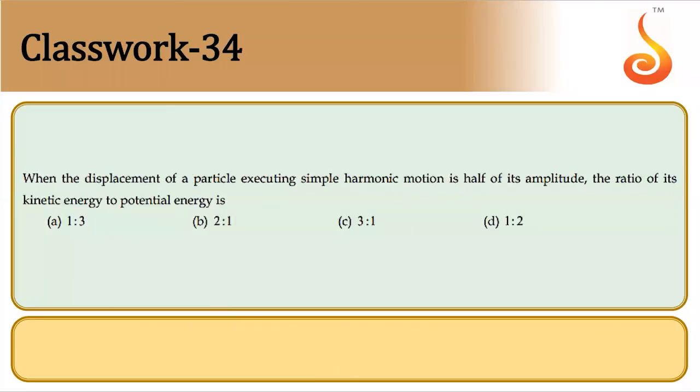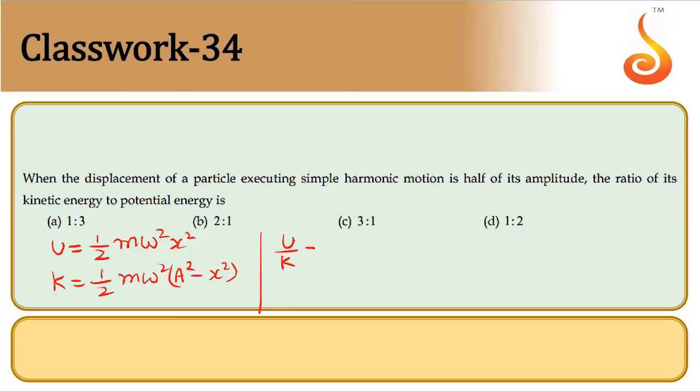When the displacement of a particle executing simple harmonic motion is half of its amplitude, the ratio of its kinetic energy to potential energy is? Potential energy of a harmonic oscillator is half m omega square x square. Kinetic energy is half m omega square into a square minus x square. Divide the two, U by K equals x square divided by a square minus x square.